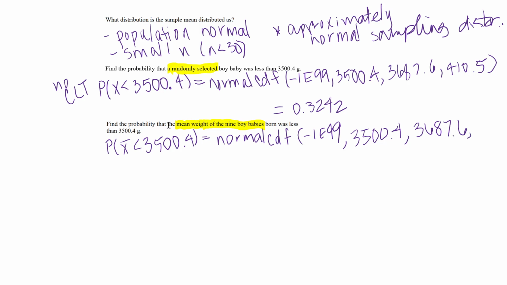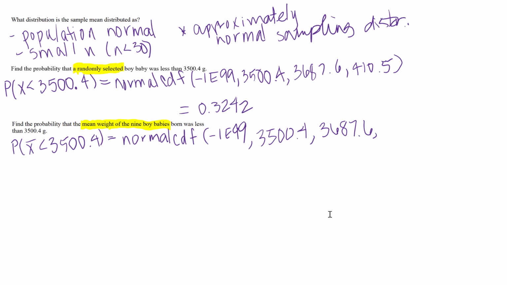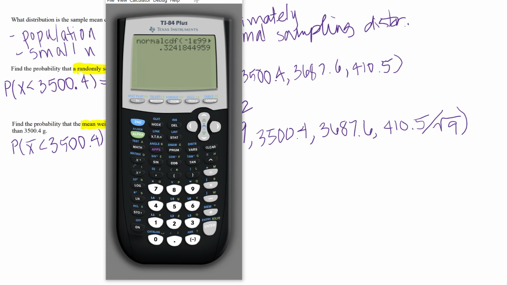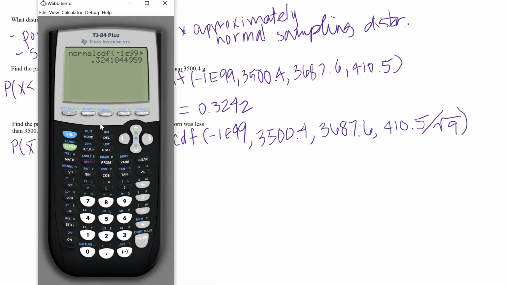Now what's going to be different this time, and we are using CLT, is when you actually take your standard deviation, you're going to divide by the square root of n. So I'm going to go into my calculator and then I'm going to make that adjustment.